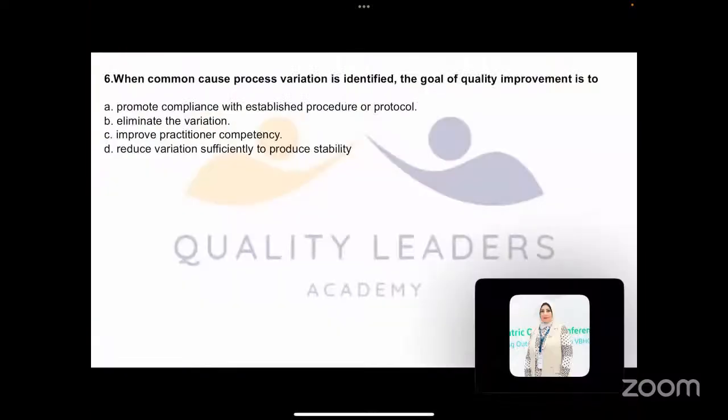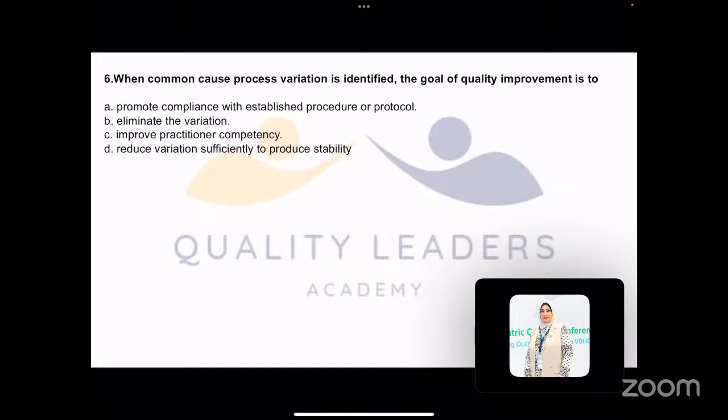Okay, again, number 6. When common cause process variation is identified, the goal of quality improvement is to: A, promote compliance with established procedure or protocol; B, eliminate the variation; C, improve practitioner competency; and D, reduce variation sufficiently to produce stability. When common causes are identified, what is my goal?